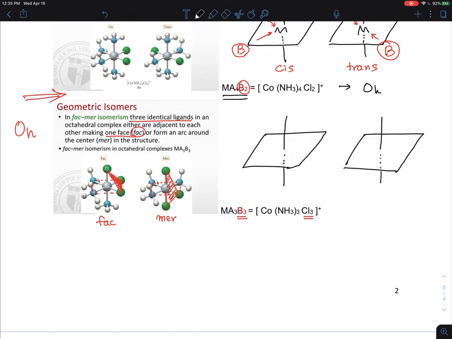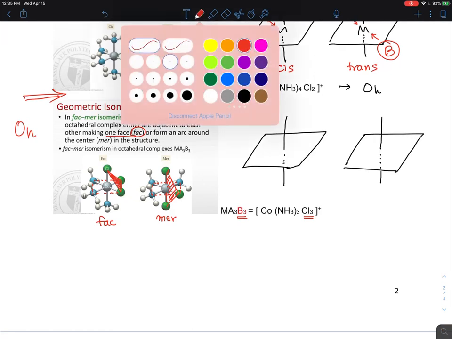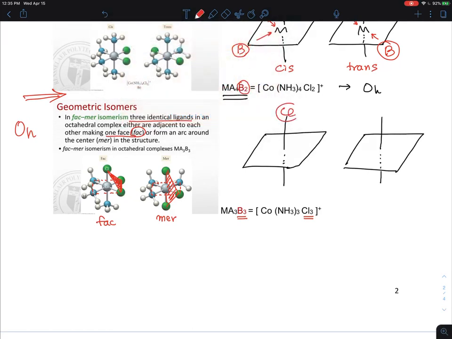And then I'm going to put the chlorine here. Let me put a different example. Okay, why don't I put chlorine here, chlorine here, chlorine here, right? So they form the faces, it just looks like that. These are the FAC isomers, okay? So FAC isomer. And then if you have a chlorine here, and chlorine here, and choose anything over there, let me see, put the chlorine here, that's easier to see.